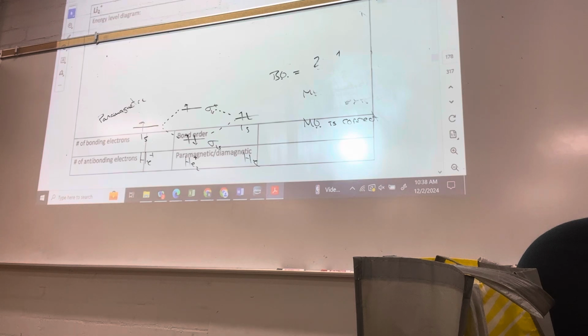This is called the pi star 2p. And so this would be the py. The pz would stick out of the board, but they would be degenerate, energetically degenerate. And so the py and the pz's are going to be here. So I'm going to write two lines here, and these are going to be my pi 2p's, and then up here will be my pi star 2p's.